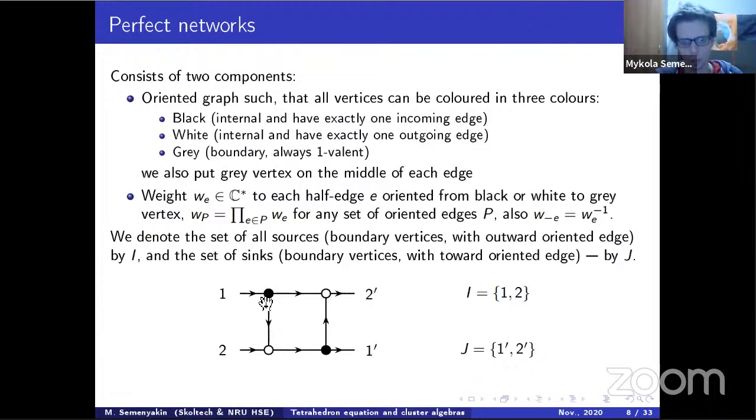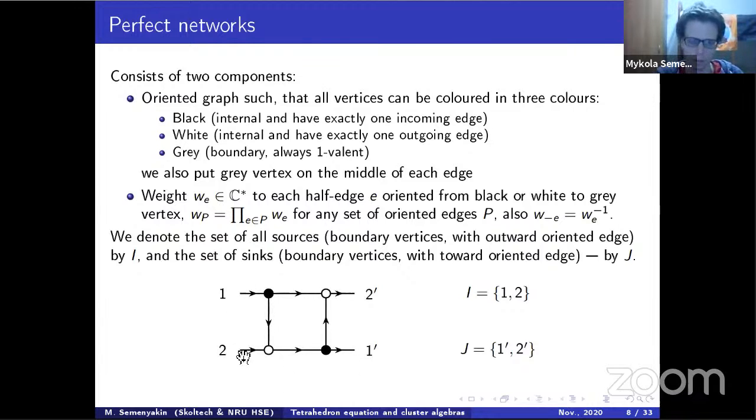Black vertices are those which have exactly one ingoing edge, and white vertices are those which have exactly one outgoing edge. And this is like a defining property of this graph. And this is the only constraint.